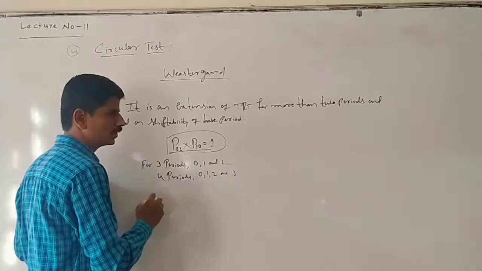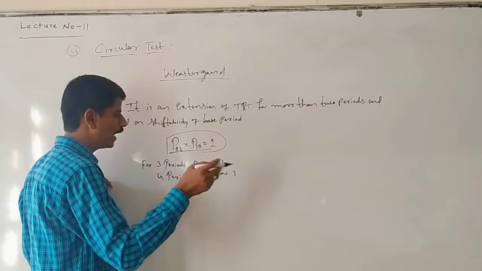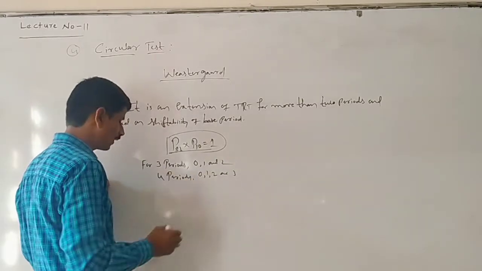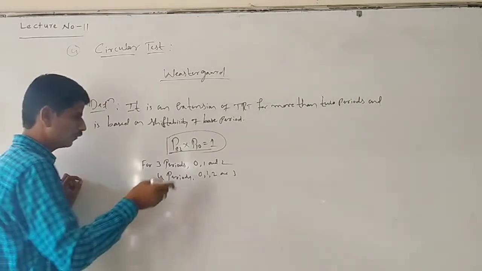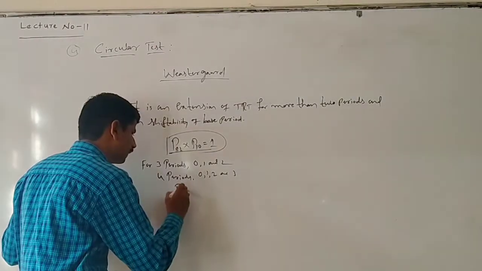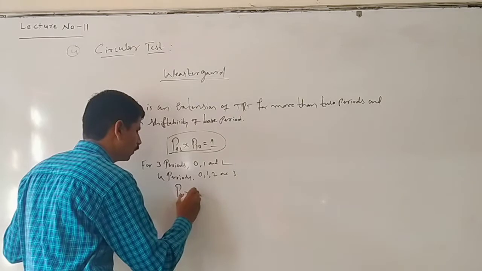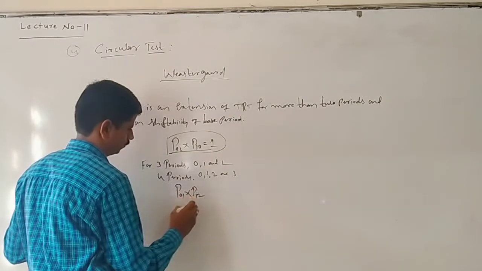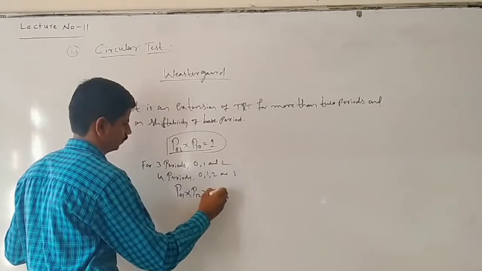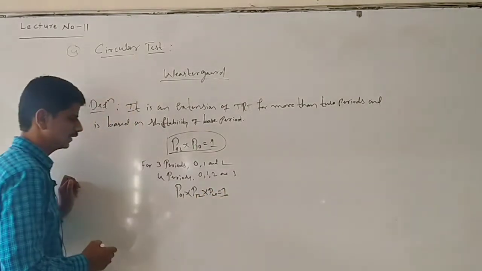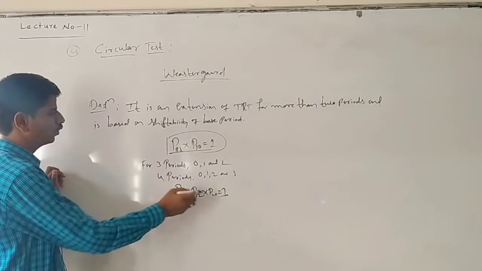For 5 periods, 0, 1, 2, 3 and 4. The circular test satisfies the following condition, that is P01 into P12 into P20 equal to 1.